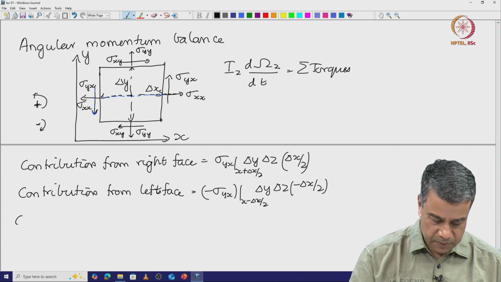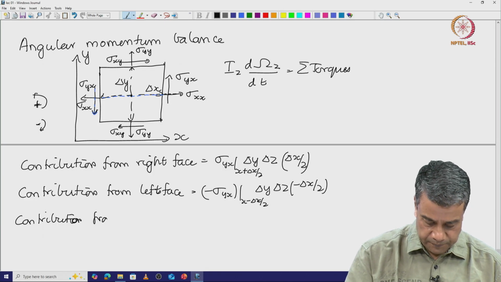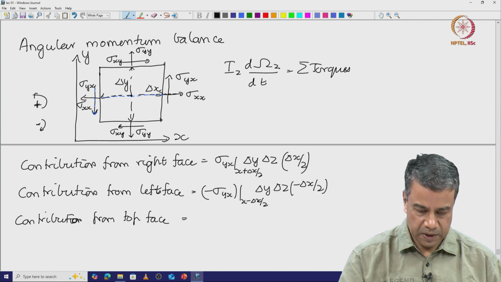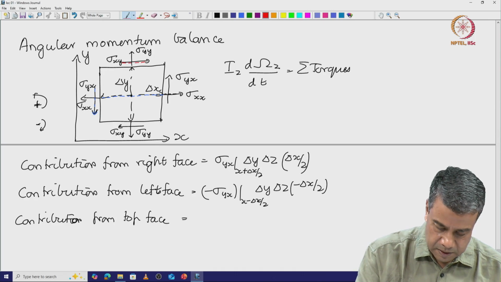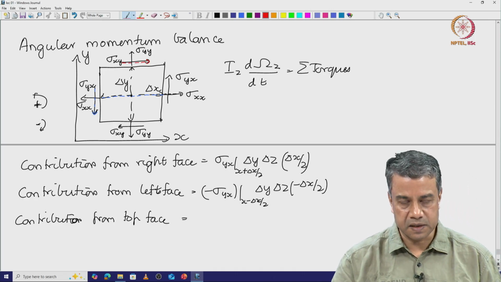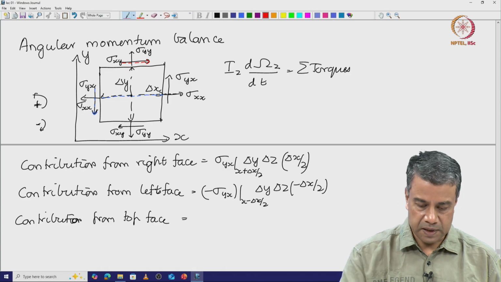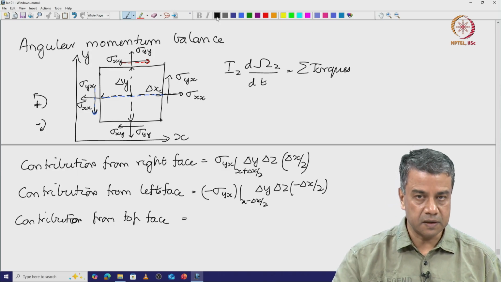Then let us look at the contribution from top face. In this case, sigma xy is acting in the plus x direction. That means that it is acting in the clockwise direction. Therefore, the torque has to be negative because it is acting in the clockwise direction.